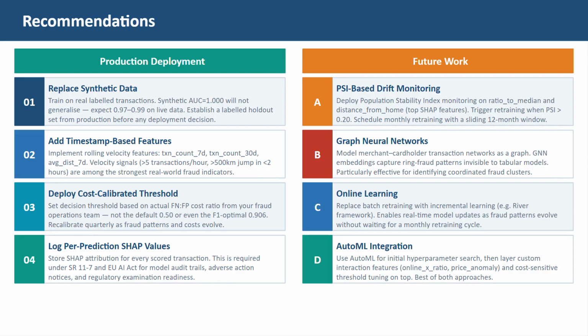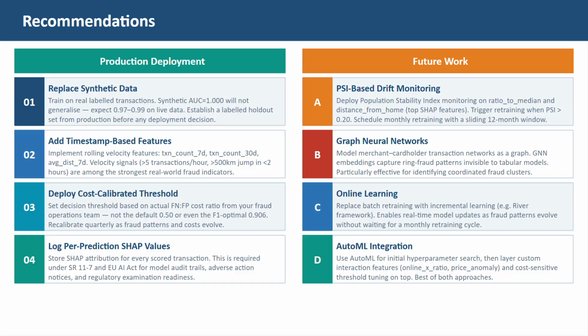As for the future work, we mainly deploy PSI-based drift monitoring, and we can use graph neural networks to capture ring fraud patterns invisible to tabular models, and we can do online learning by replacing batch retraining with incremental learning such as the River framework.